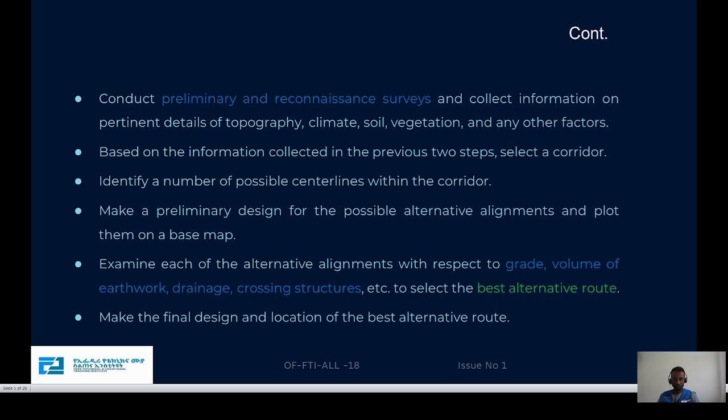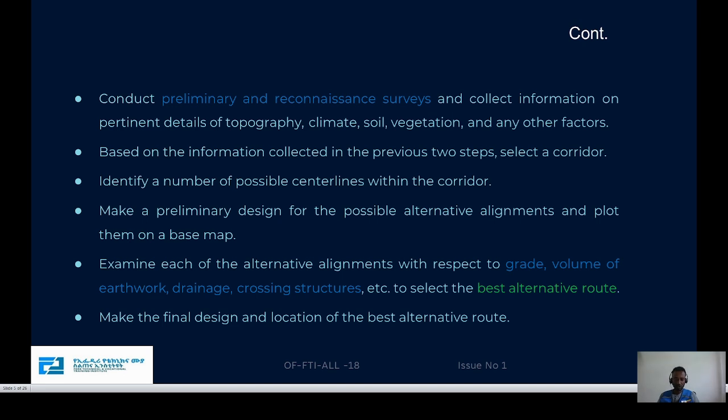We collect information with these surveys in detail about the topography, the climate, the type of soil, vegetation, and other factors, collected with regard to the grades.